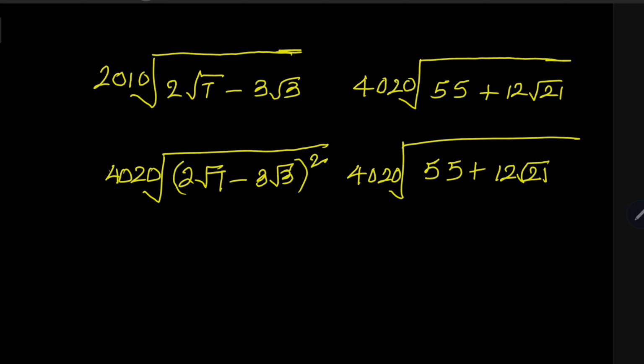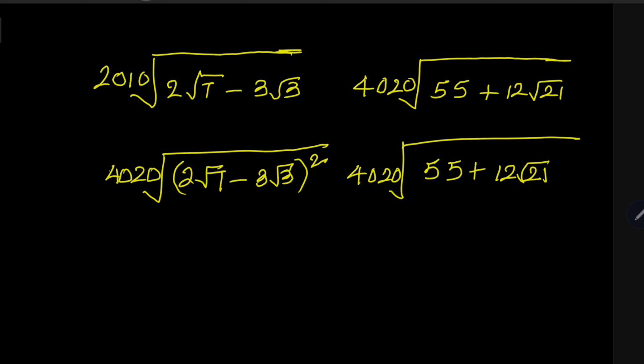I hope you understood that step. The 2010th root means to the power of 1 by 2010. 1 by 2010 is also equal to 2 by 4020. So we have made sure that both of them have the same root.